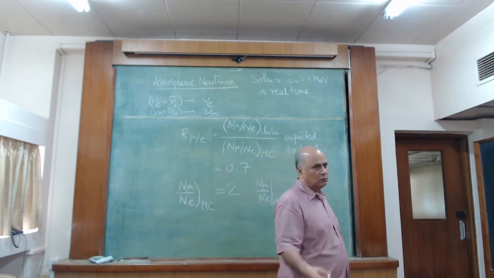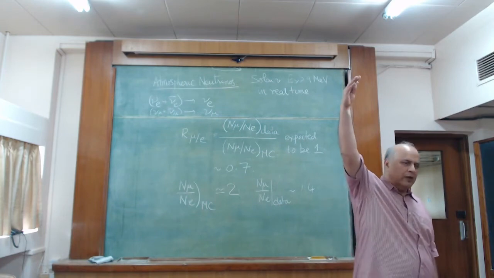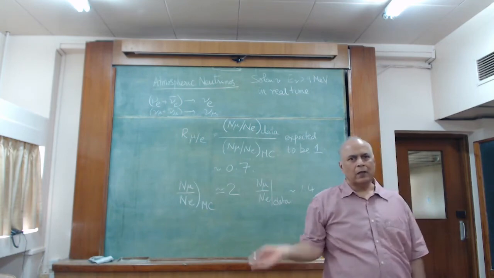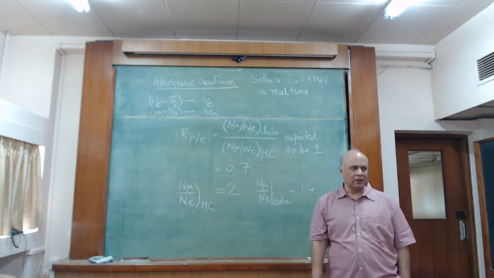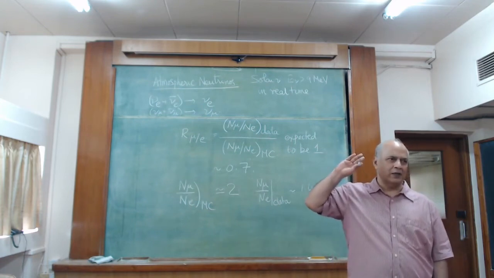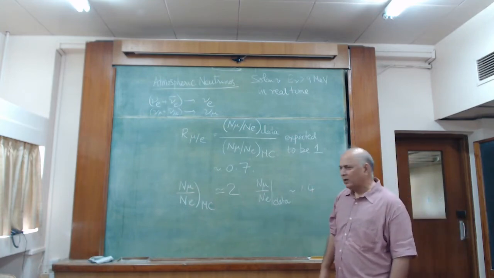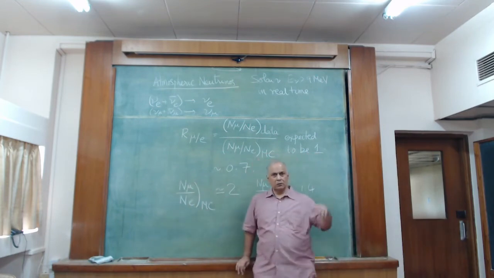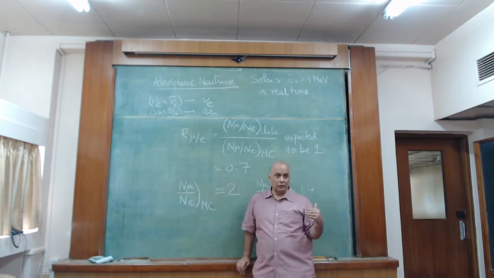Atmospheric neutrinos occur due to interaction of primary cosmic rays in the outer layer of the atmosphere, and primary cosmic rays have something like a 25% uncertainty, or more than 20% uncertainty, which feeds into the prediction. But when I take the ratio, that main uncertainty cancels out.